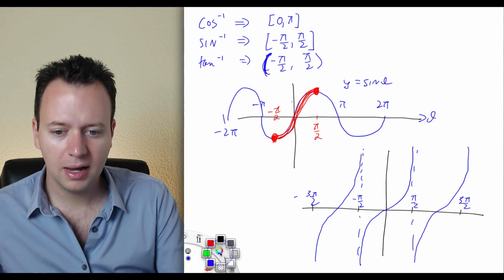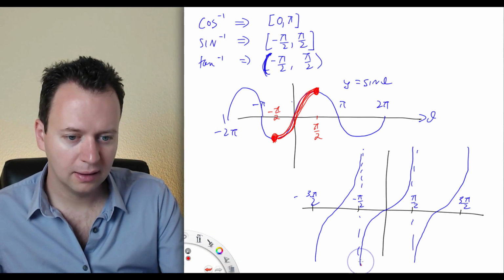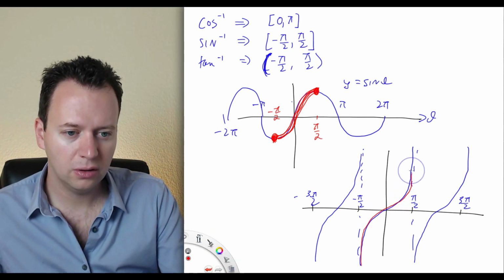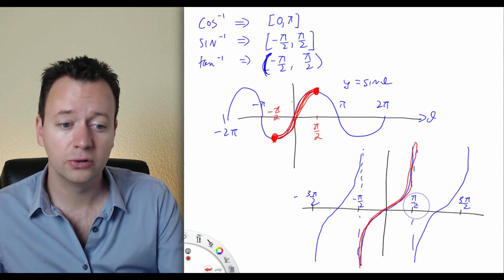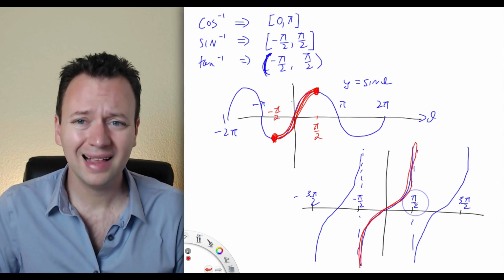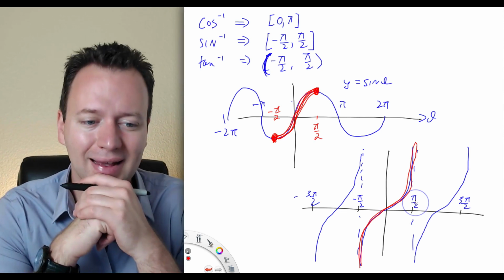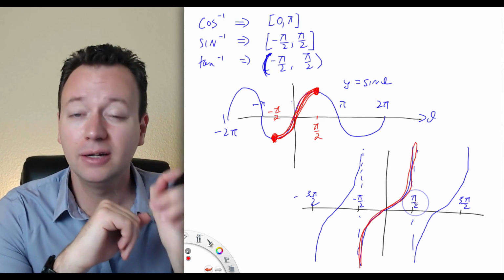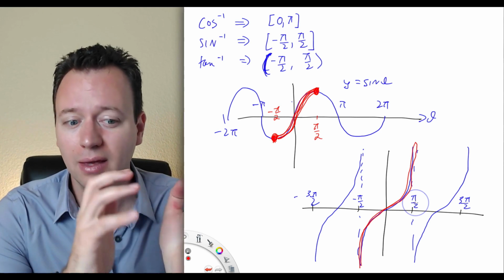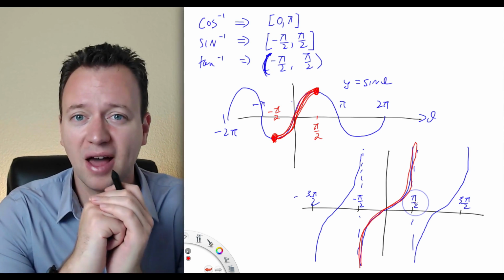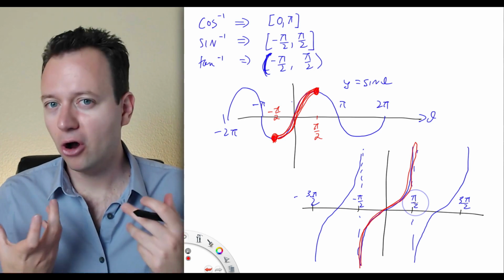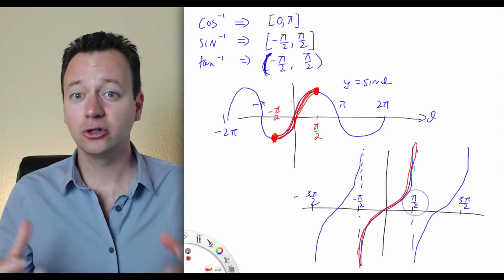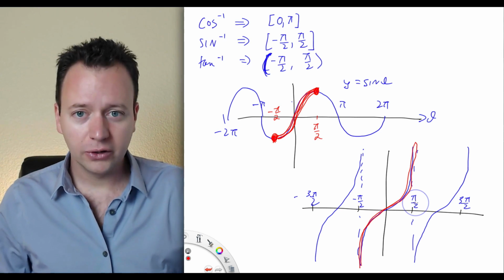And as you might have suspected, we're going to take just the section of the tangent function that goes from minus pi over 2 to pi over 2. Now you notice the tangent of x hits every single y value as x varies from minus pi over 2 to pi over 2. So therefore the domain of the arctangent function is actually all real numbers.